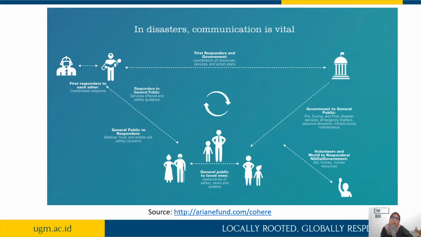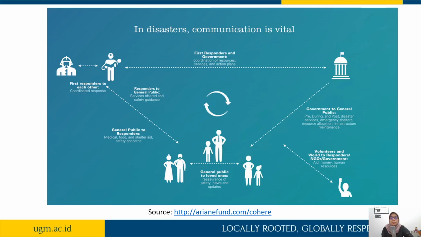Alright, so we start with this image, which shows how communication is vital in disaster time. There are 4 parts here that need intense communication during the disaster time: government, first responders, general public, and also volunteers. The government and first responders need to communicate and coordinate resources, services, and action plans.